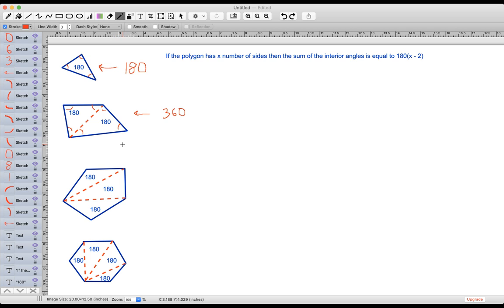If we increase to a five-sided polygon, remember this was three-sided, this was four-sided, regardless of its shape, we could cut it into three separate triangles, where each triangle again has an interior angle sum of 180.